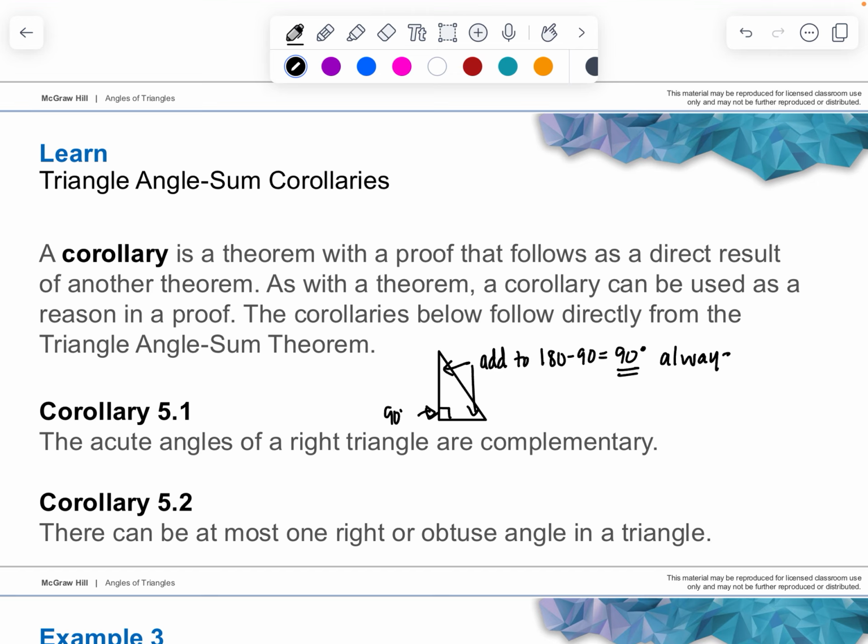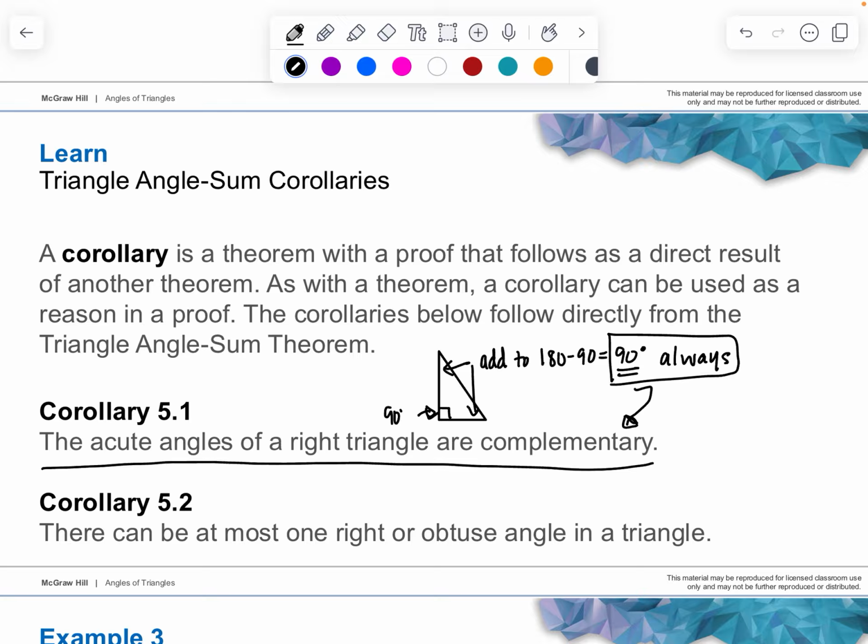Always. And we call that complementary. And so corollary 5.1 says that the acute angles of a right triangle are complementary.